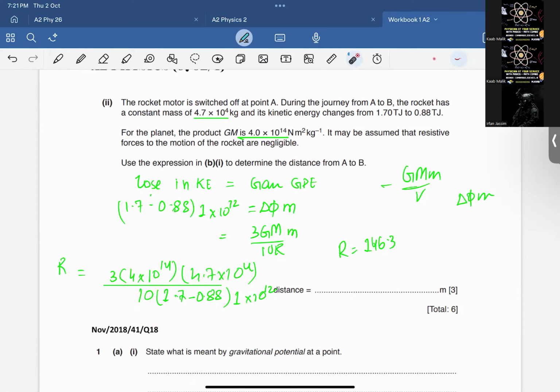What is 4.7 into 10 to the power 4? For the mass, I don't think I included that. One second. You have to just times the answer by that mass.